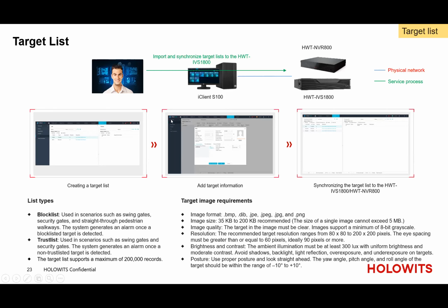Okay, this part is about attendance management. For this part, we have two attendance sources. One is based on our target recognition, and the other is a fingerprint attendance machine or card reader equipment, which can provide relatively accurate attendance data.